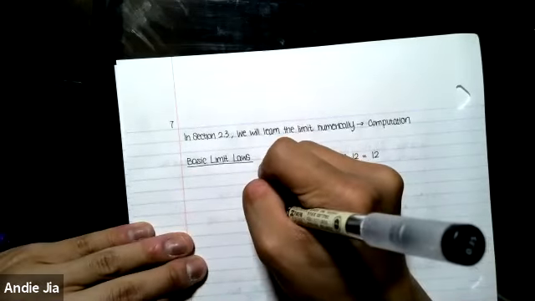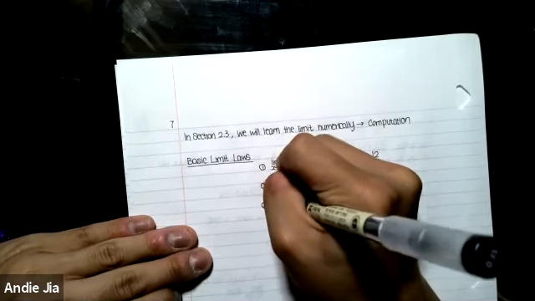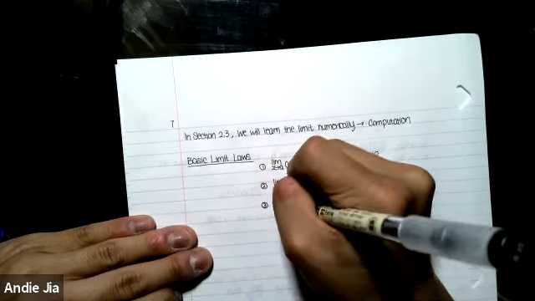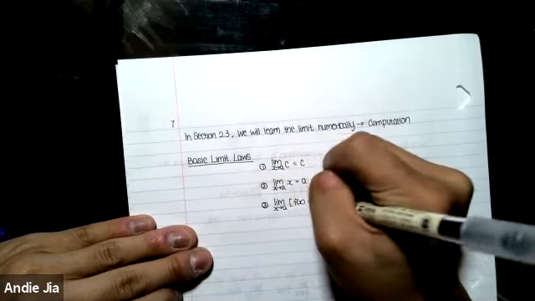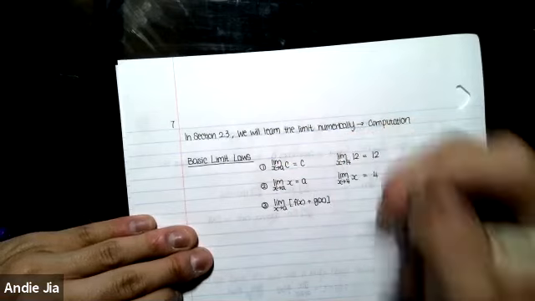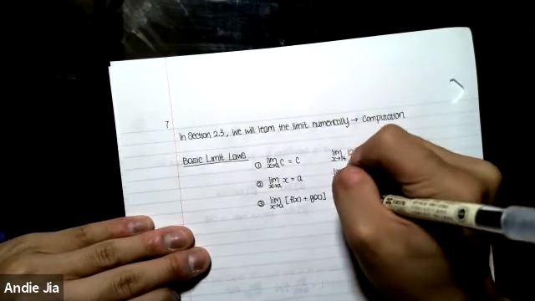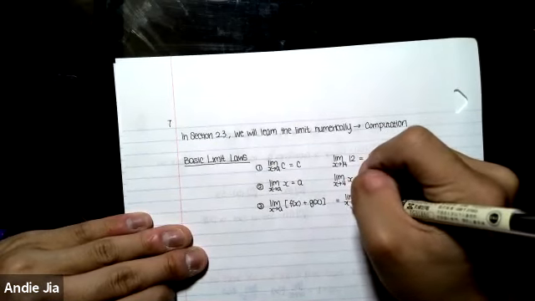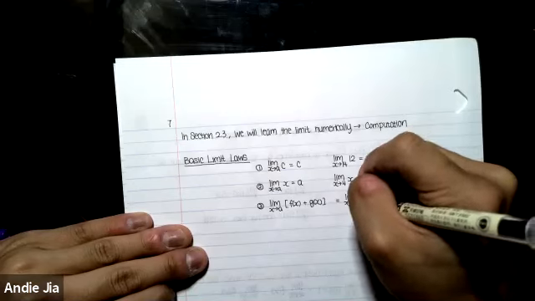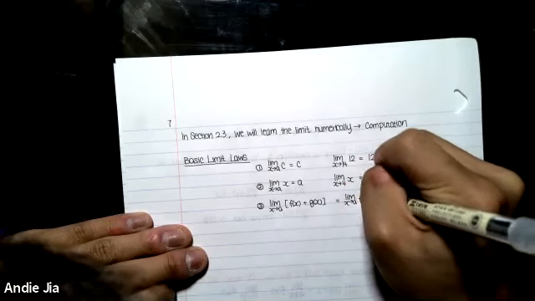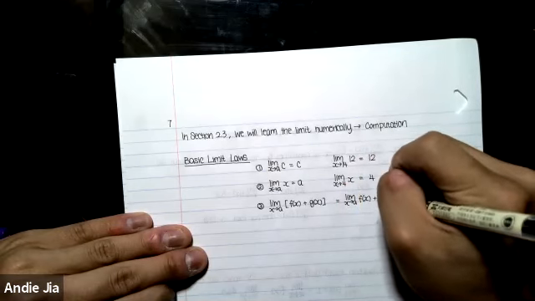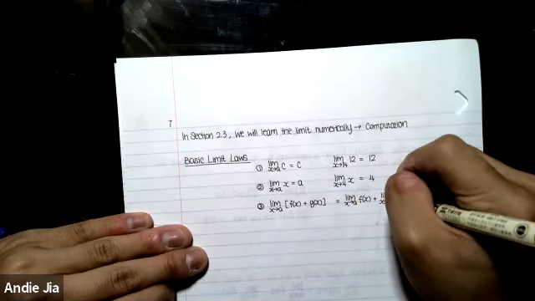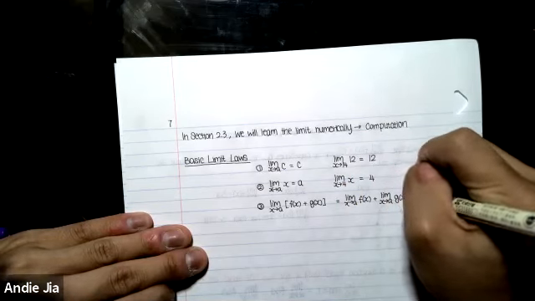Number three is the sum rule: the limit as x approaches a of f of x plus g of x is equal to the limit as x approaches a of f of x plus the limit as x approaches a of g of x.